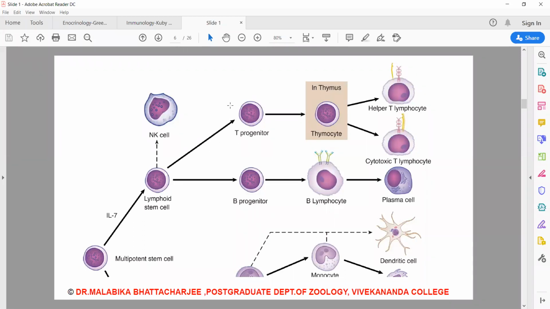The T cell progenitor lymphocytes then enter the thymus through high endothelial venules. These venules open at the junction of the cortex and medulla of the thymus, and the progenitor cells enter the thymus, where further maturation or schooling of the T lymphocytes is done.